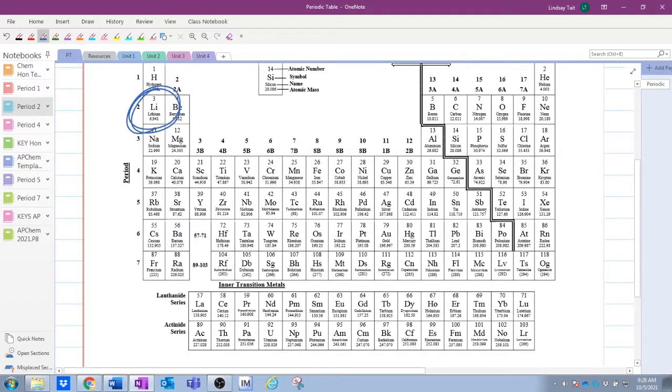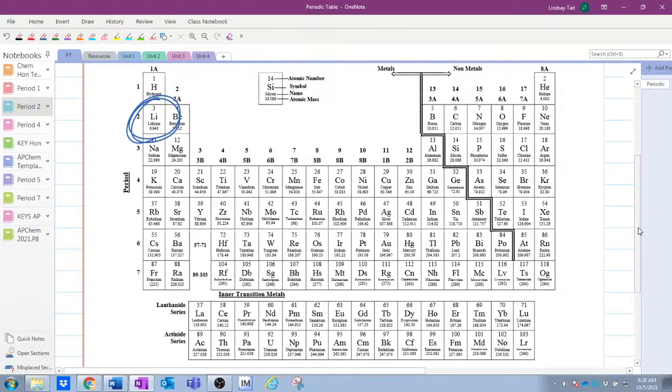How does looking up lithium on the periodic table help me know how many electrons it has? What on there helps me with the electrons? The atomic number. Remember, it is equal to the number of protons, but in neutral atoms, it's also equal to the number of electrons. So I know that lithium has 3 electrons total.